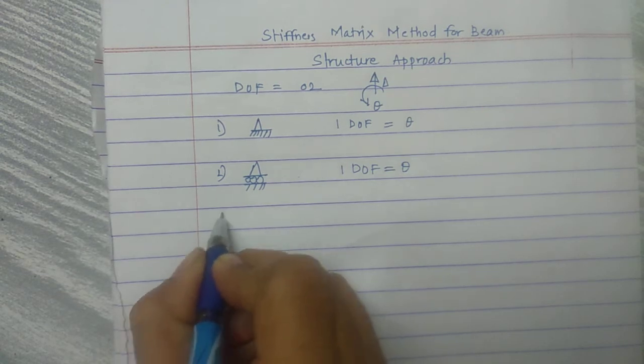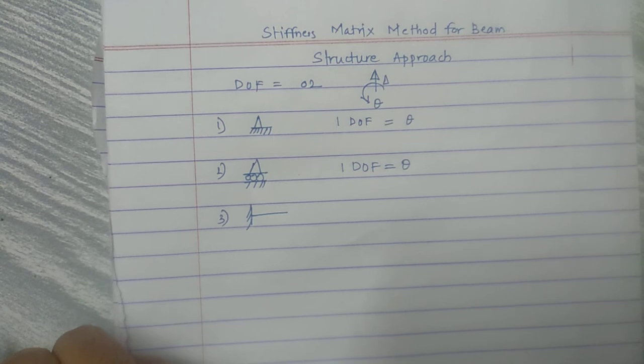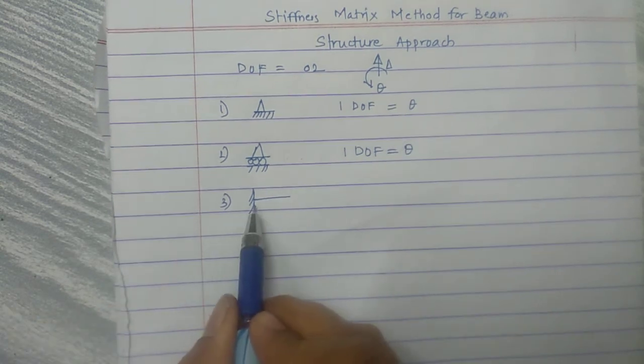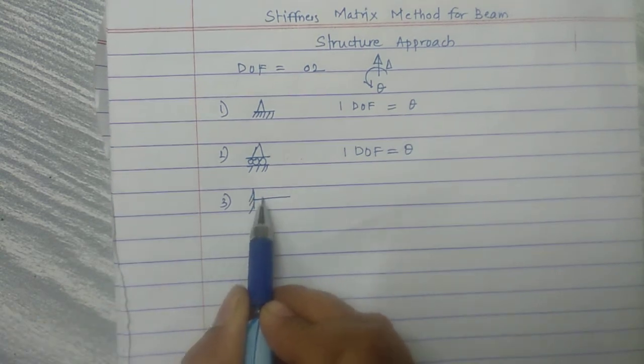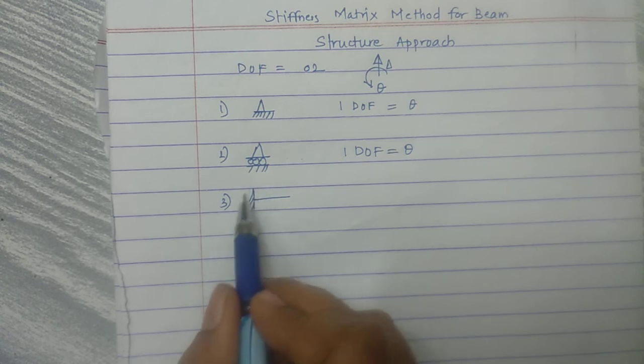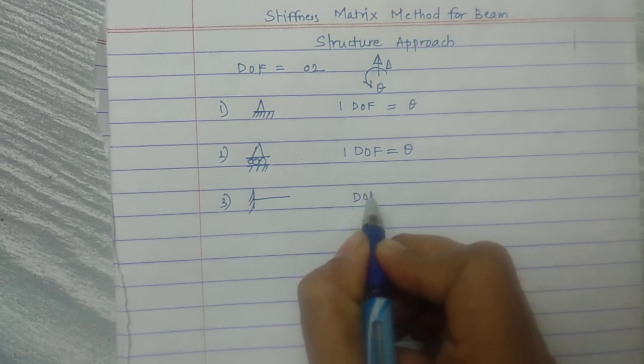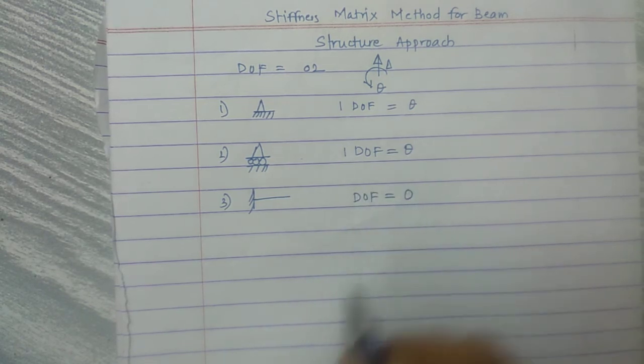Third support, fixed support. We know the fixed support cannot move in any direction. It cannot move in the horizontal or vertical direction, and it cannot rotate. There is rigidity, therefore the degree of freedom for this support is 0.